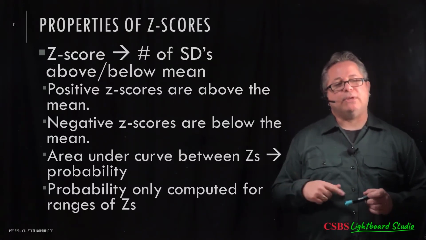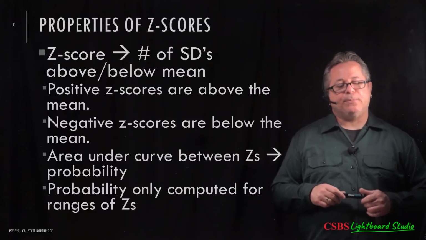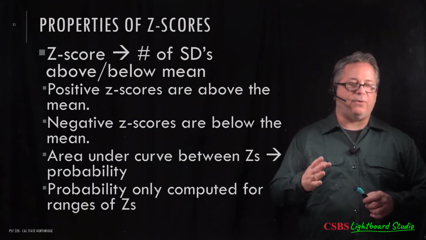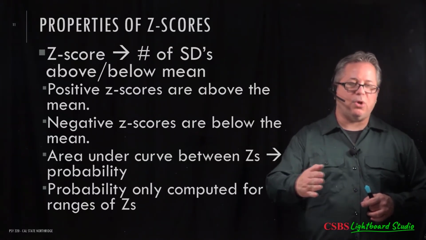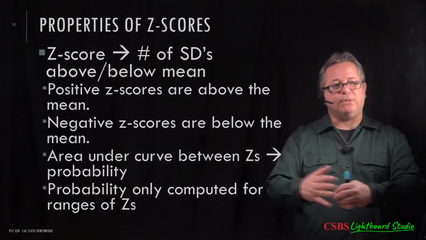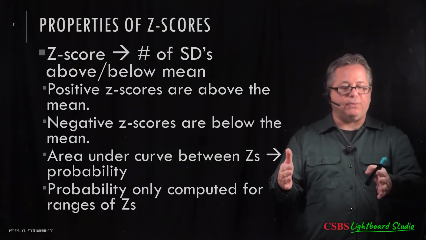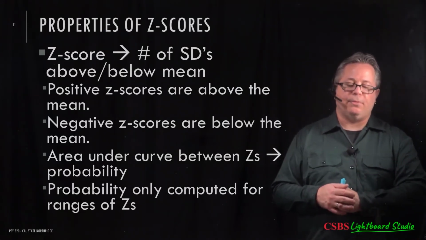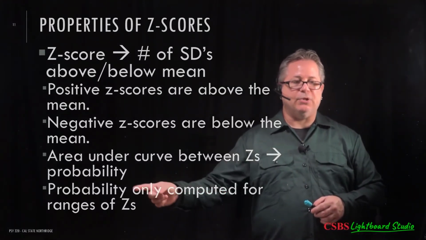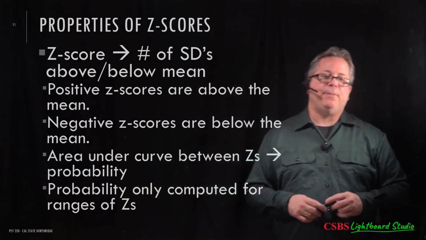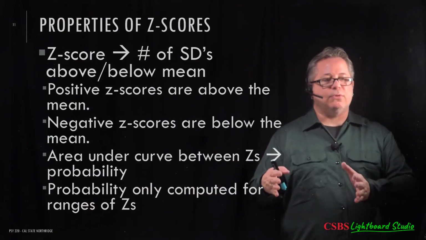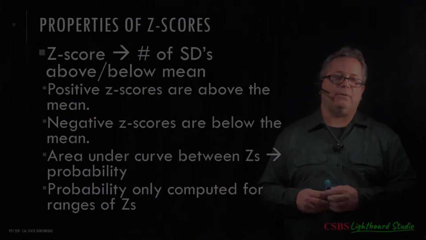But just like we did with the dice probability function, we can look at what the value is below a certain score, or between this score and this score. What's the probability of scoring in between those numbers? I can add up all those values and figure out the probability for ranges of z-scores. We can do that by calculating the probabilities for the z-scores on the standard scale. Once we convert our raw scores over, we can then use the z-scores to figure out the probabilities.